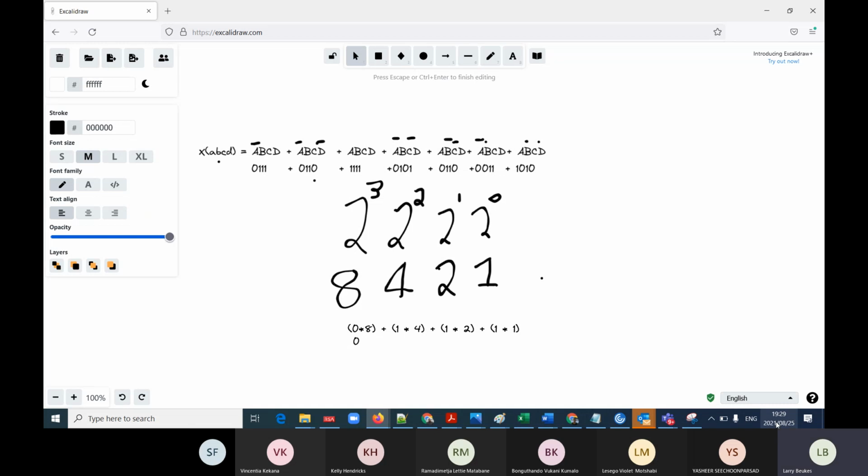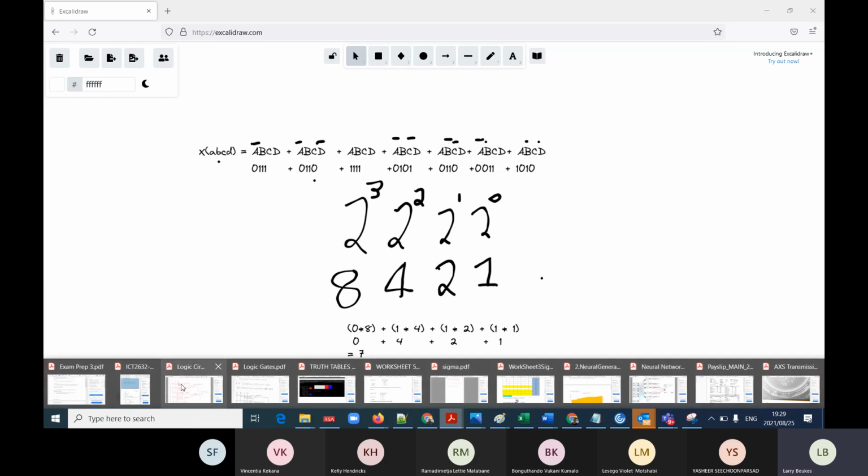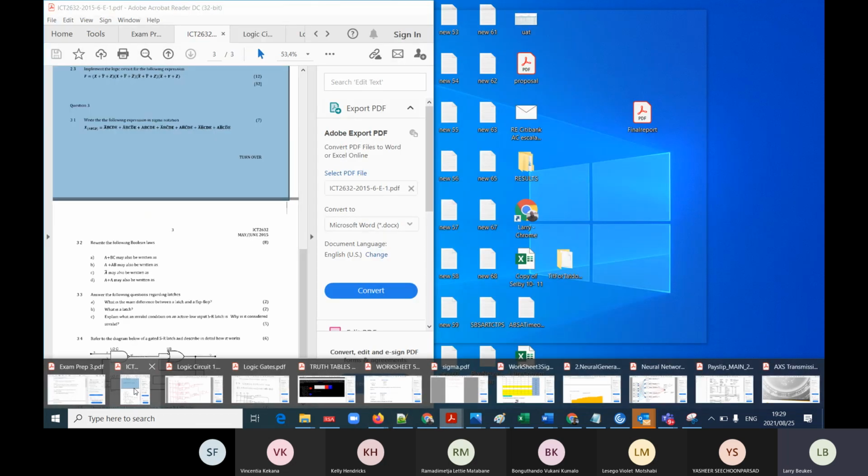So this will give you 0 plus 4 plus 2 plus 1, which is equivalent to 7. So this is basically for question 1. In question 1, you can show these things. Let me make an example that you guys can see.